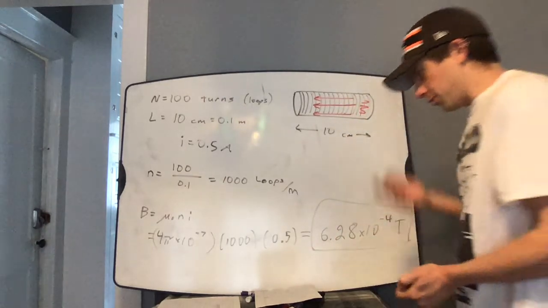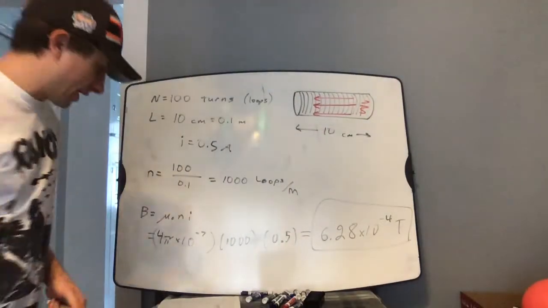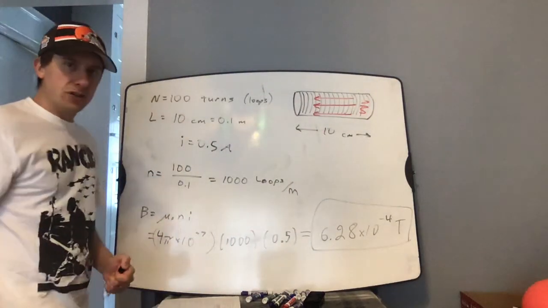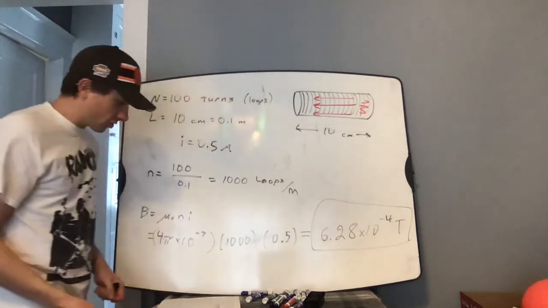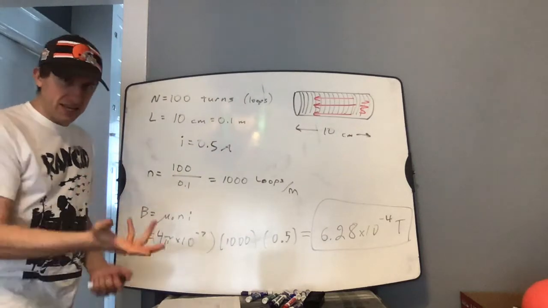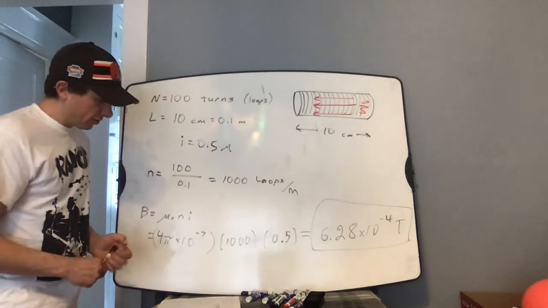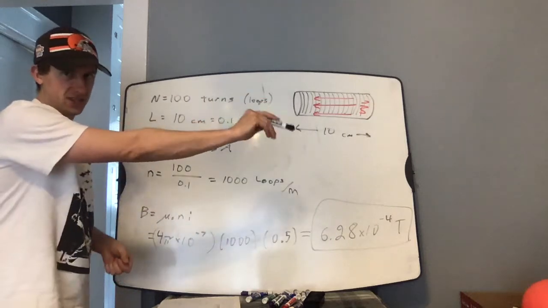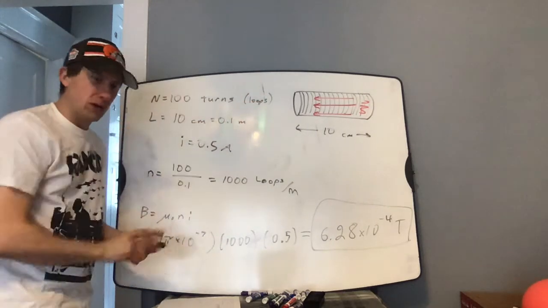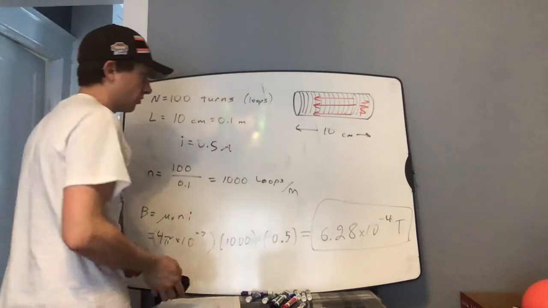In the next example problem with the solenoid, we will have a particle that is moving inside the solenoid, but the particle is not moving down the central axis. The particle is angled relative to the central axis of the solenoid.